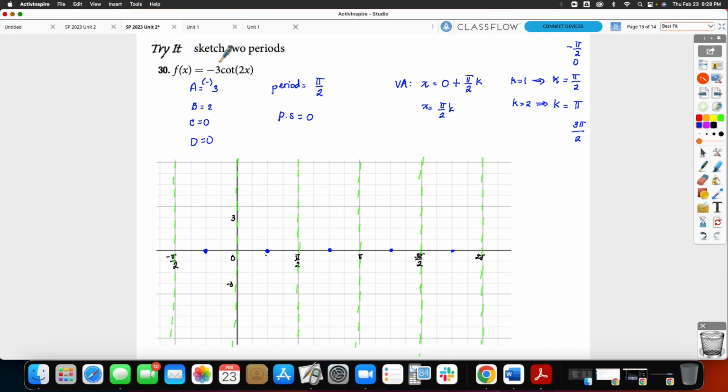Now, this is negative cotangent. The cotangent is decreasing, so since this is negative, your cotangent would be increasing. Midway between the left asymptote and the intercept is this point. We go down 3 units: 1, 2, 3. Then here we go up 3 units: 1, 2, 3. And then it would be repeated on to the other cycles.